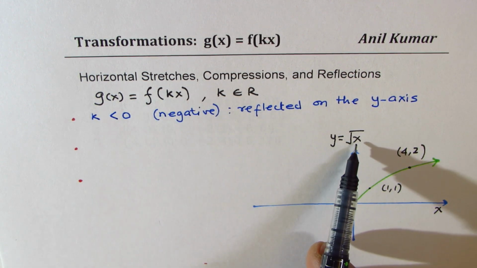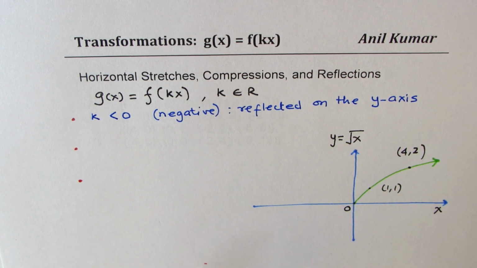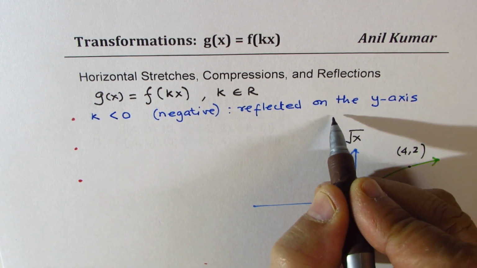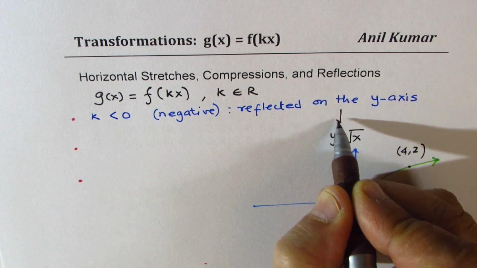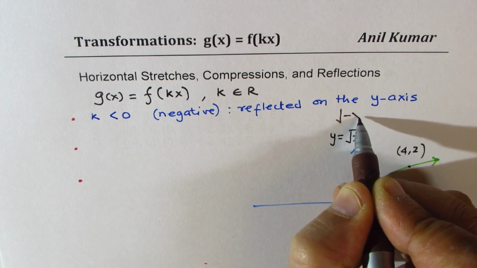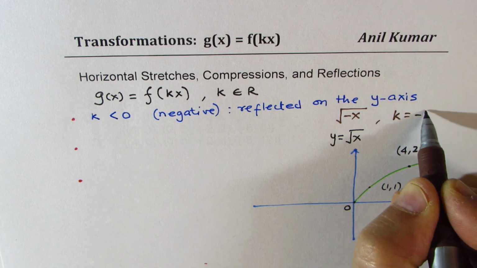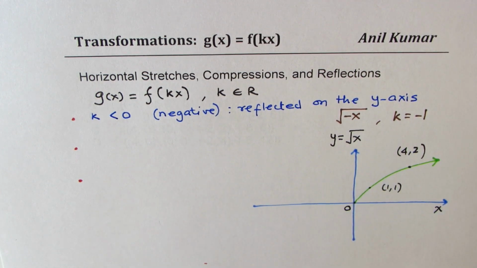When it becomes a transformed function g of x, f of k times x, the x part is being multiplied, right? So if I have a function of the type square root of minus x, that means k equals negative 1. So k is less than 0, correct?